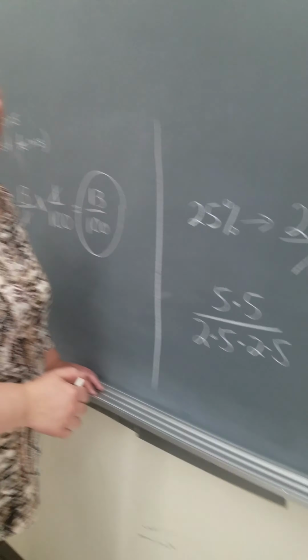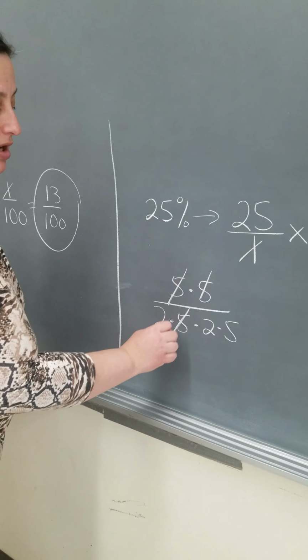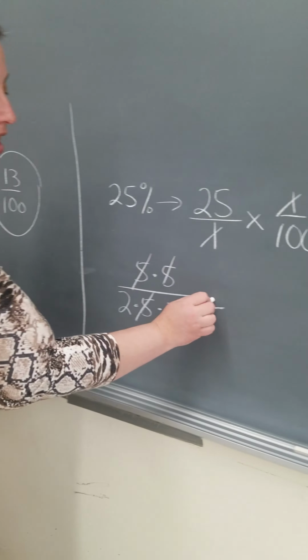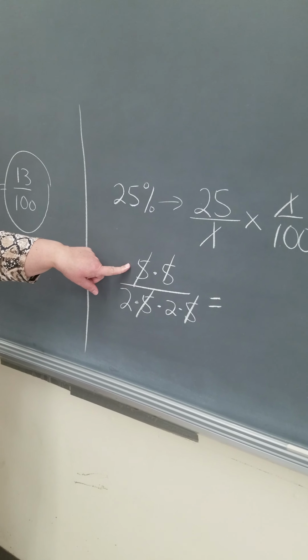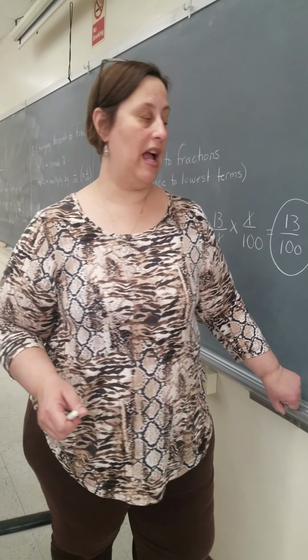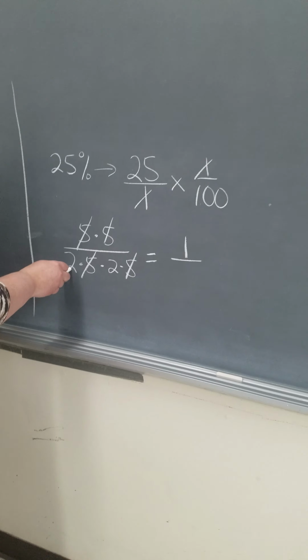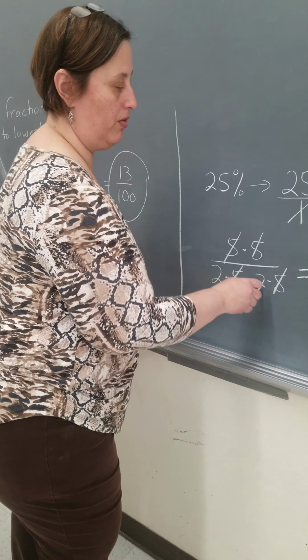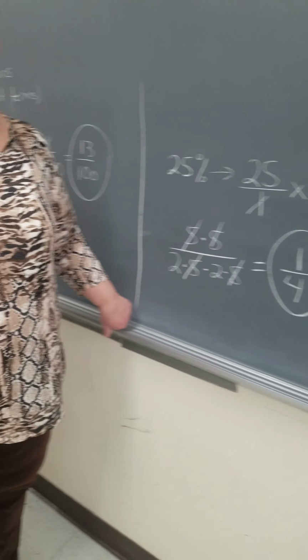All right, so this example, finally, we have something that we can cross off. So we can cross off the 5s. I hope you all remember that whenever you cross off everything in the numerator, you're going to have a 1. You have to have a placeholder. And in the denominator, 2 times 2 is 4. So our answer is 1/4. That is fully reduced.